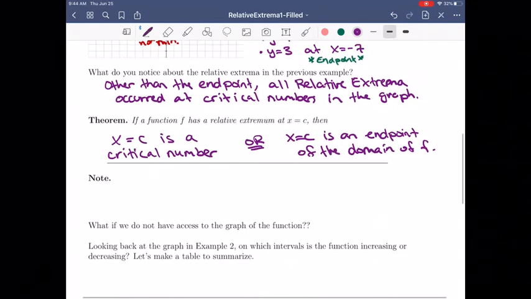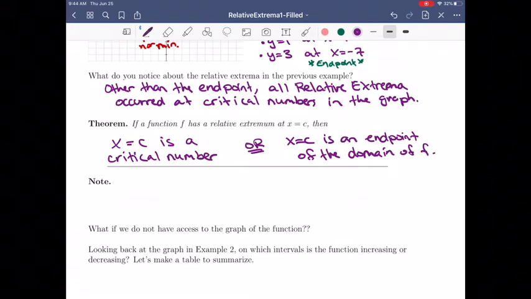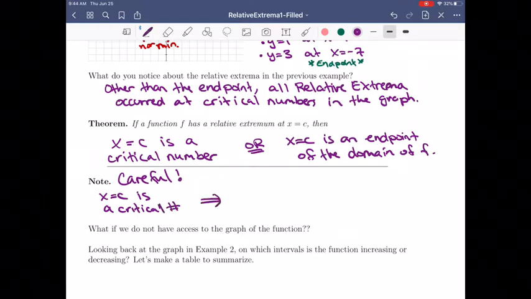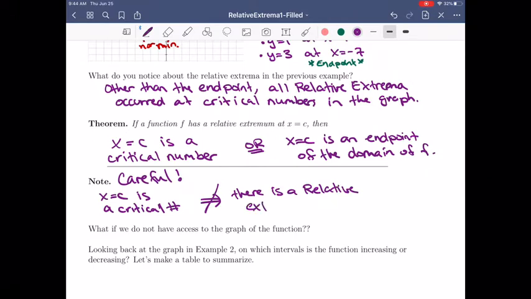Now I want to point out, be careful: x equals c being a critical number does not imply that there is an extremum at x equals c.